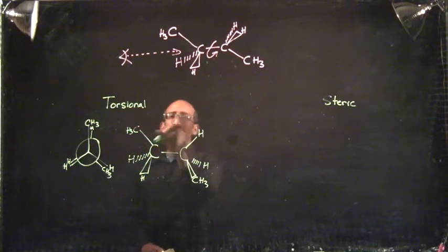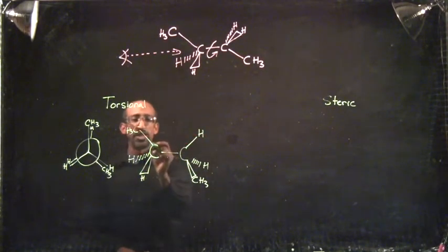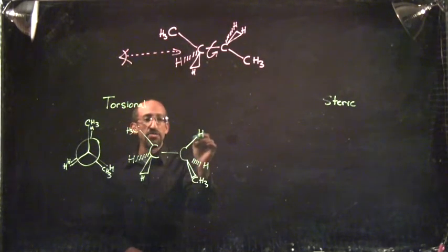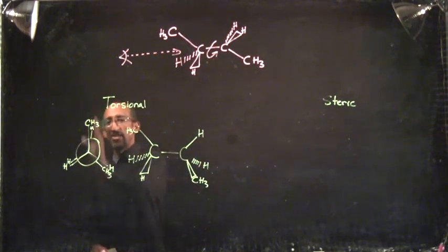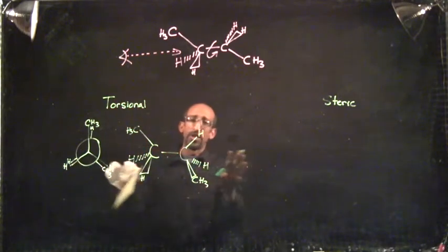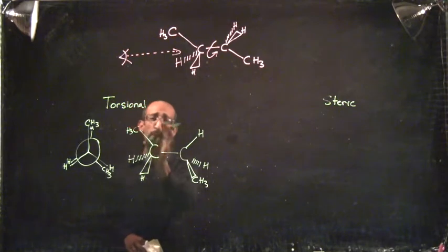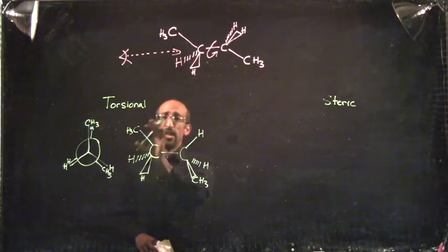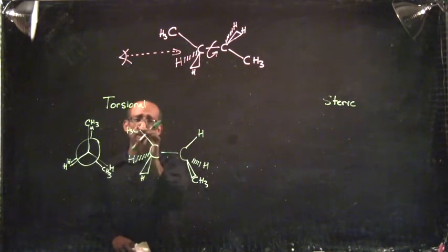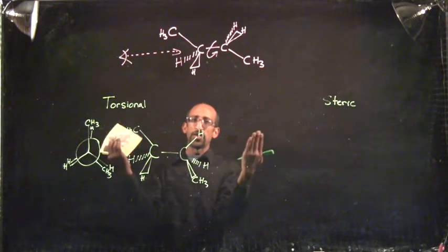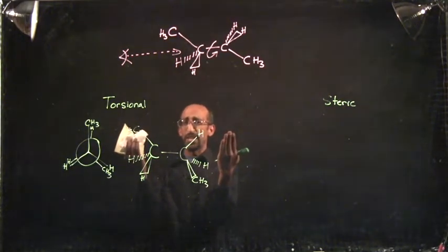So let's think about what's happening with this interaction between this carbon-carbon bond and this carbon-hydrogen bond. Our Newman projection tells us that they are aligned with each other in space. Now, each of these bonds is a pretty strong region of negative charge. We have 2 electrons in this bond, 2 electrons in this bond, so we have 2 negative charges that have aligned themselves in space.